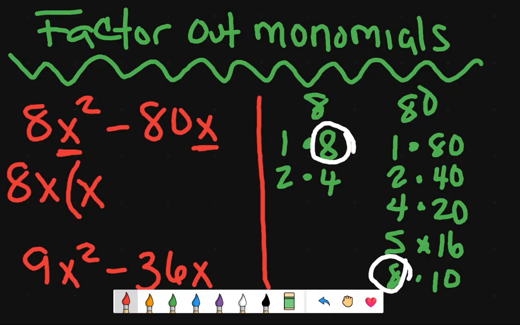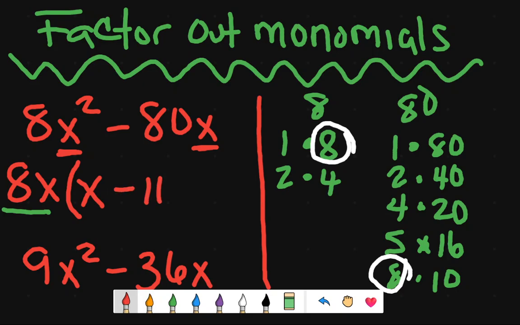And what times 8x will give you 80x? What number times 8 would give you 80? Of course, the answer is 10. But don't forget, this is a negative 80, so it's going to be a negative 10 here.